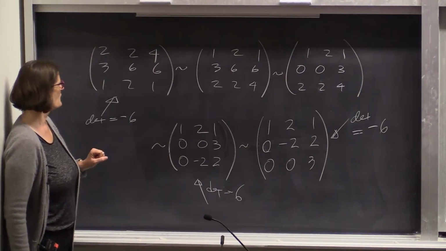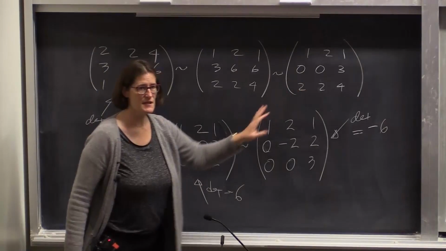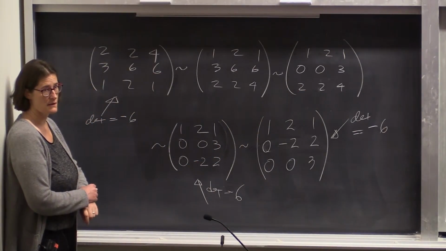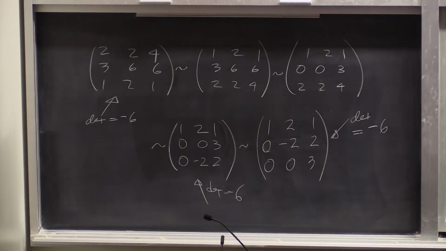But maybe if we had some way of keeping track of what happened to the determinant every time we did an elementary row operation, we might be able to reverse engineer things. So that's the idea. If we knew what each elementary row operation did to the determinant, then we could reverse engineer.